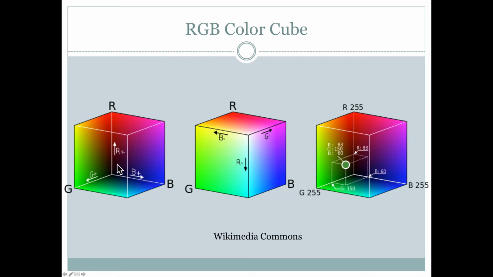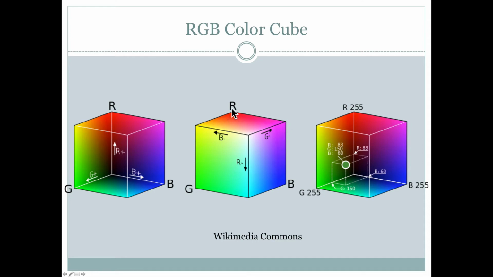And you can see that if something only has red and no green or blue, it's going to be a pure red. If something has blue and no green or red, it's going to be a pure blue. And if something has green but no red or blue, it's going to be a pure green. Also, we can combine 2 different colors in order to get other colors. For example, if we combine red and blue, so we're up in this corner of the cube, we get a magenta color.